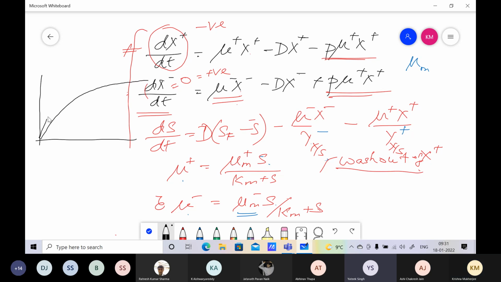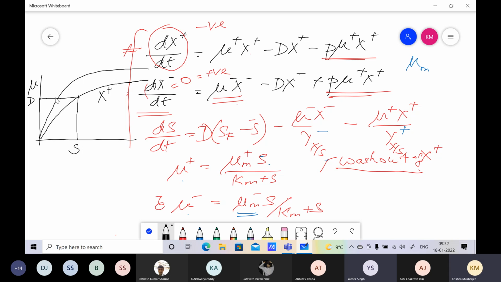And these are the two growth rates, right? Let us say these are two growth rates. Now, what happens is that originally this is mu versus D, and suppose the dilution rate is this. D is the dilution rate here. Now, the original substrate concentration is this because this is X plus and there is no X minus.